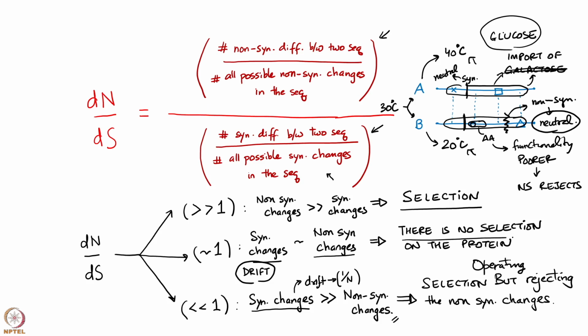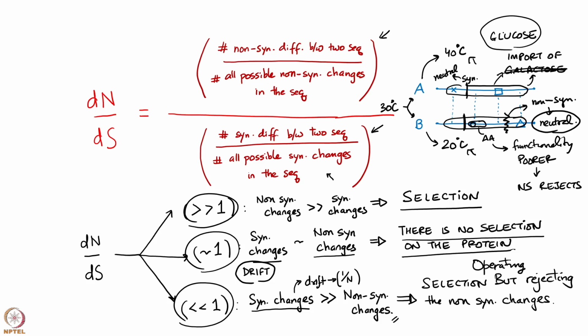So, there is no selection on the protein whose gene sequence is being compared. So, you get these three variants, dn by ds much greater than 1, approximately equal to 1 and much less than 1, which have different implications, which tell us different stories about what is happening with the gene that we are actually looking at.